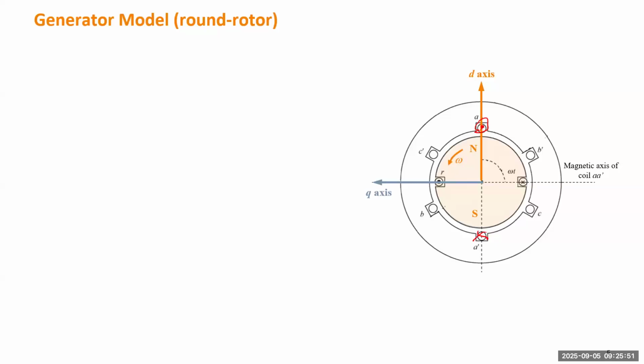Assume the stator doesn't move. A, B, C will stay the same, but the rotor will revolve at a similar speed. At this position, the flux is going in this direction, right? But winding A is something like this, and the flux is going this direction.